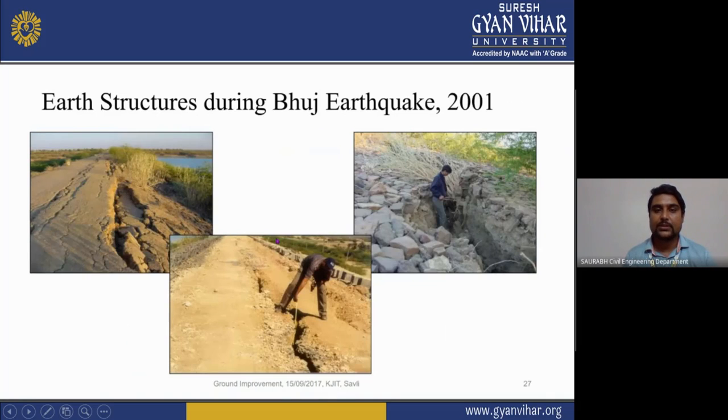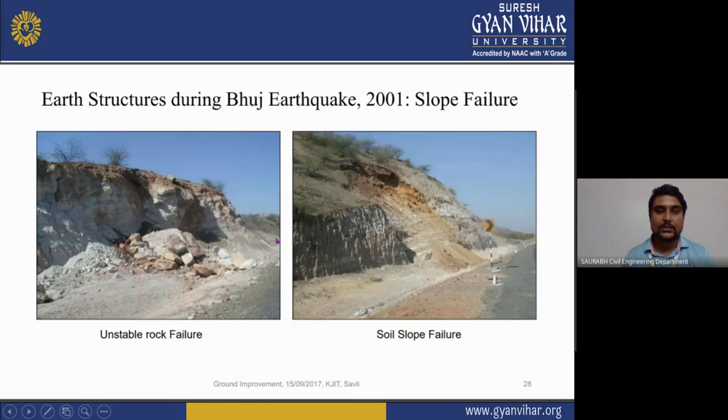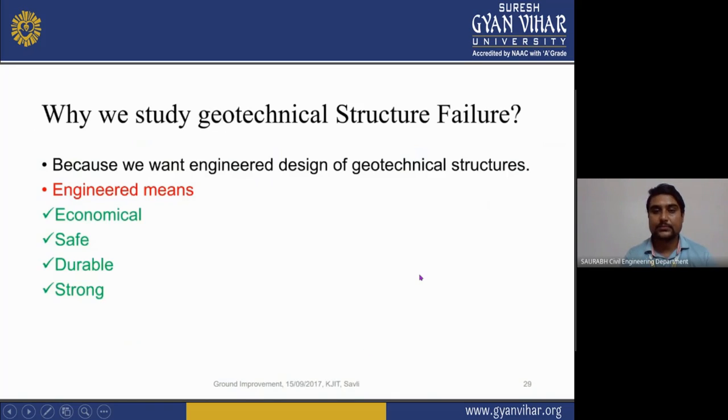There are some examples of liquefaction which happened with the Bhuj earthquake in 2001, in Gujarat, as we all know. Earth structure failures during the Bhuj earthquake, as you can see, include soil failures: this is an unstable rock failure, and this is a soil slope failure.